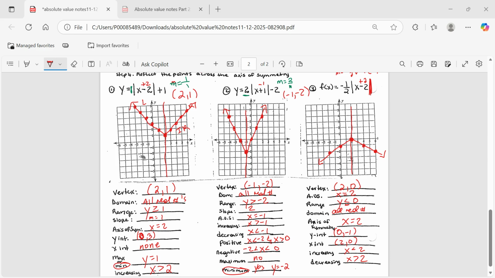All right, go ahead and take a look at all those key features compared to what you have and correct those that you may not have done correctly.